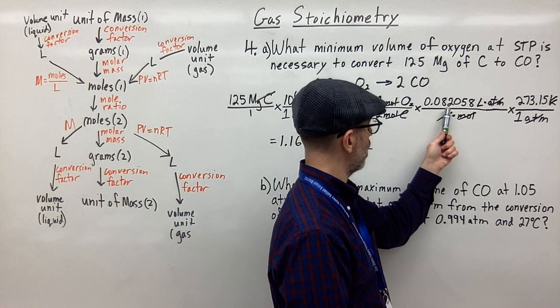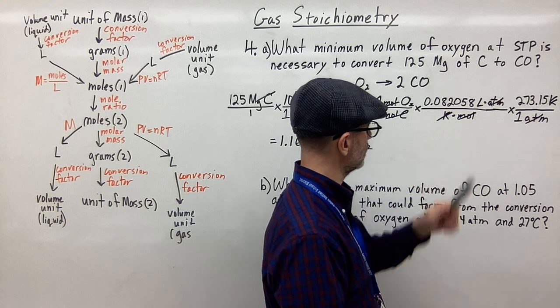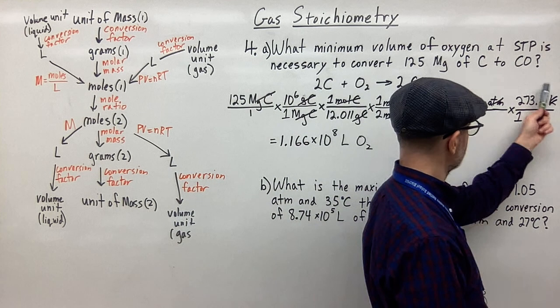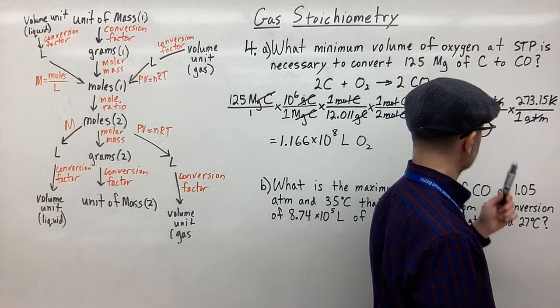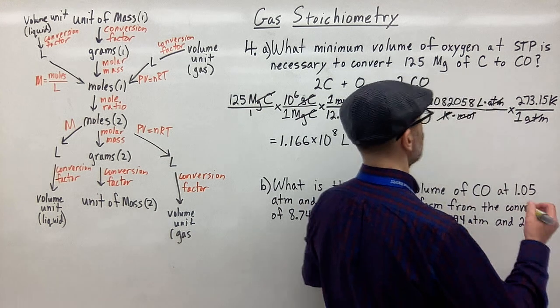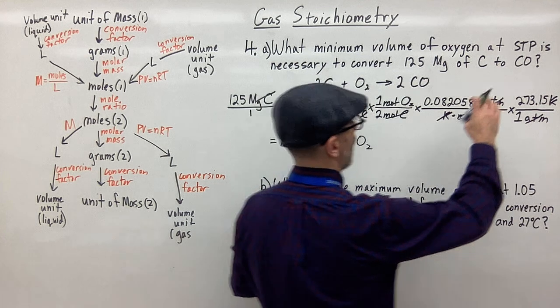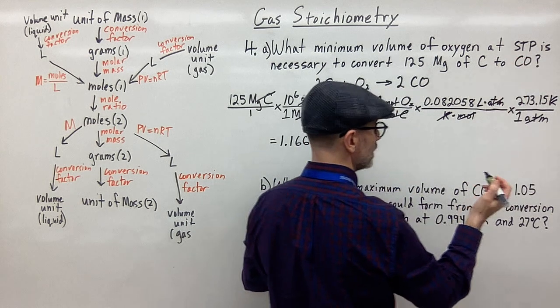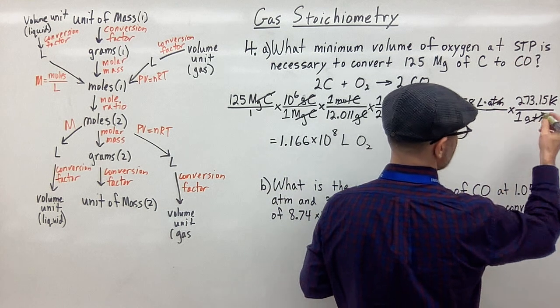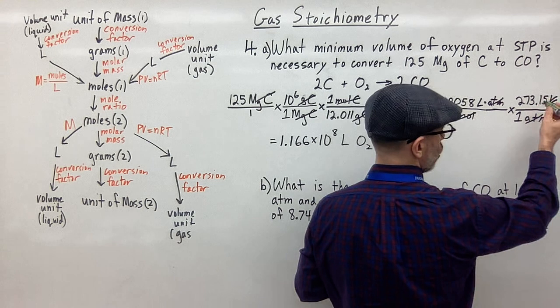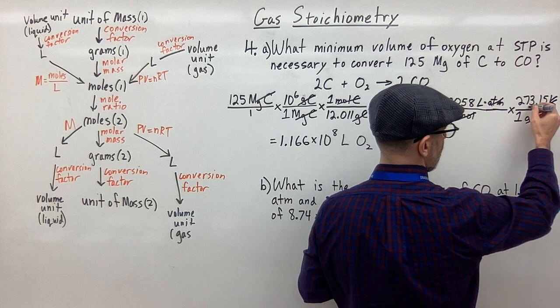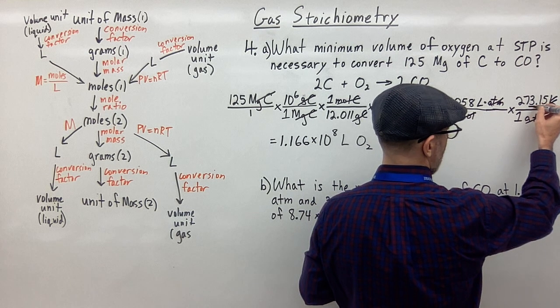This has 5 sig figs in it, and this has 5 sig figs, or at least actually it has 3, because when we added it to the standard temperature in 0 degrees Celsius, that has zero decimal places, so we can't extend past the ones place.